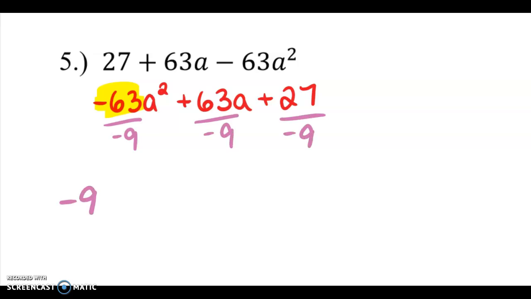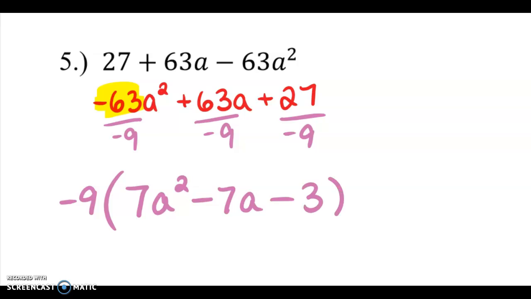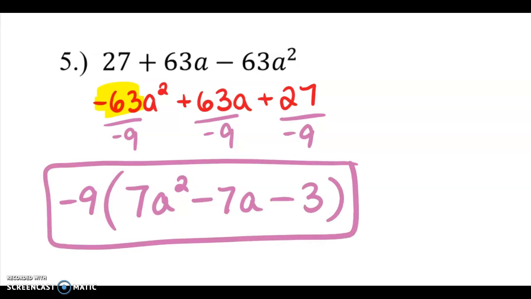So I'm pulling out a negative 9 in my GCF. It gives me a positive, because 2 negatives make a positive 7a squared, which is what I want because I want the leading coefficient to be positive, minus, because 63 divided by negative 9 is a negative, 7a, minus 27 divided by a negative, positive divided by a negative is a negative 3. You could also write it as plus negatives if you want as well.